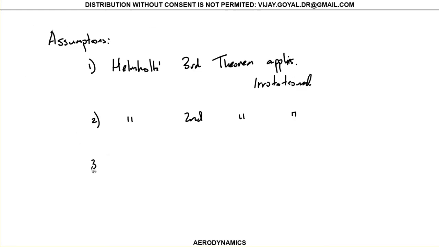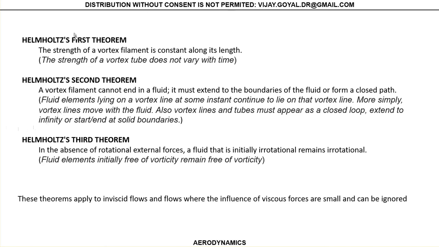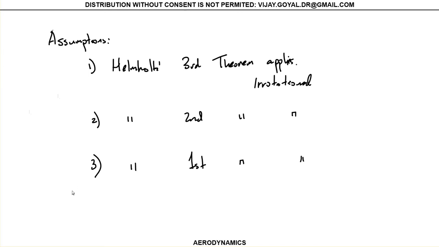And the third assumption is that my first theorem also applies. What does my first theorem state? My first theorem says that my vortex tube is not going to change with time. Okay. So all these theorems, let's assume that they apply, and let's see what happens now. So I am going to start working with the equation of continuity.